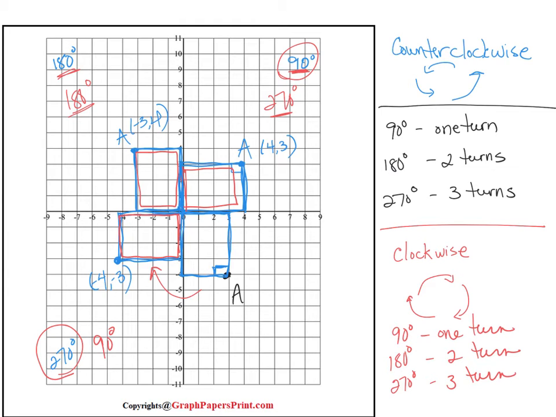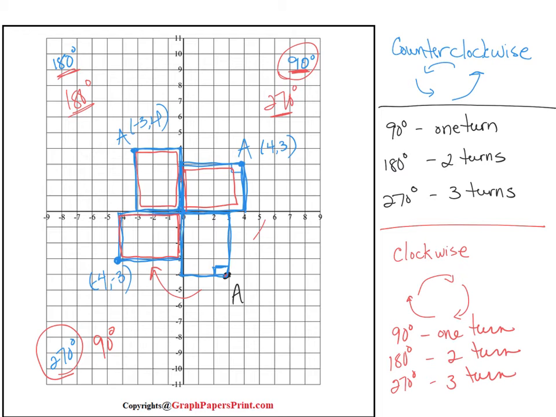So take a look at that again. Point A, 90 degrees counterclockwise, so go in blue going backwards, put me in the same exact spot as 270 clockwise. So if I'm back to the graph initially, okay, remember your blue is your counterclockwise.